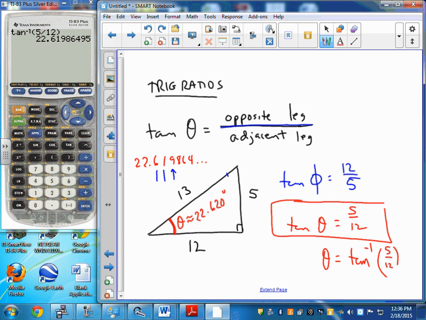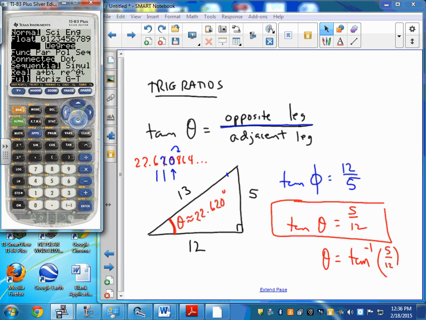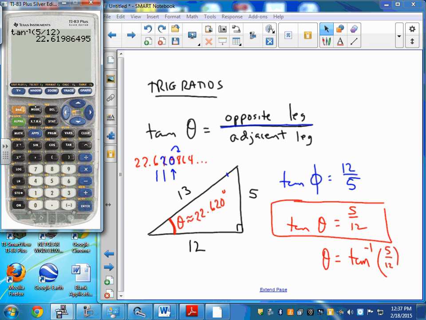To decide what to do with that, we look at the next one. It's 5 or larger, so this has got to round up. So this becomes a 0, which kicks this one up to a 2. Most calculators will do that for you. If you look under mode, and if I put this in 3 decimal point mode, and then try the same problem, the tan inverse of 5/12, it will round it for me, 22.620 degrees.